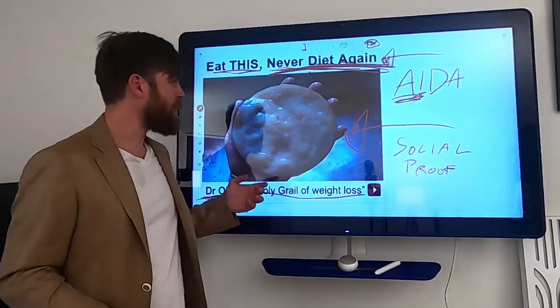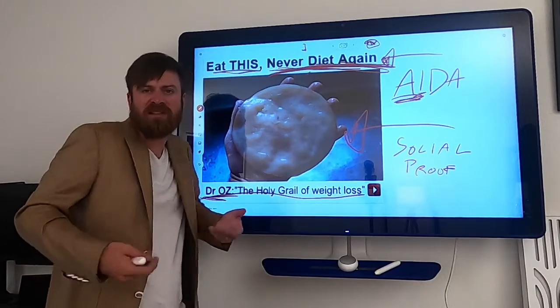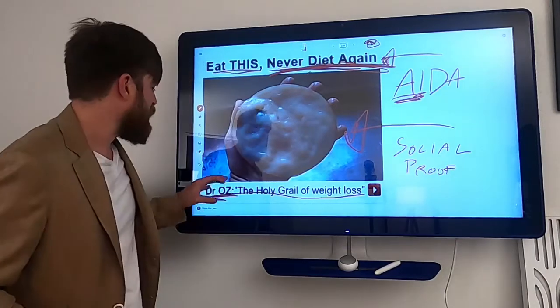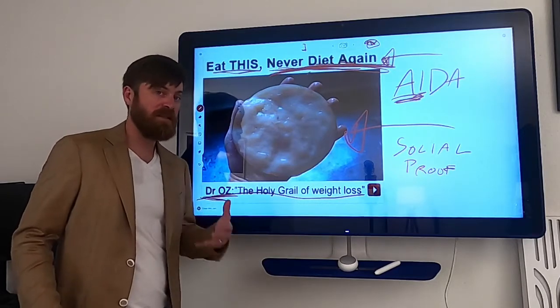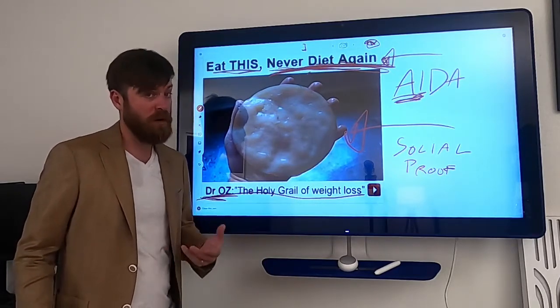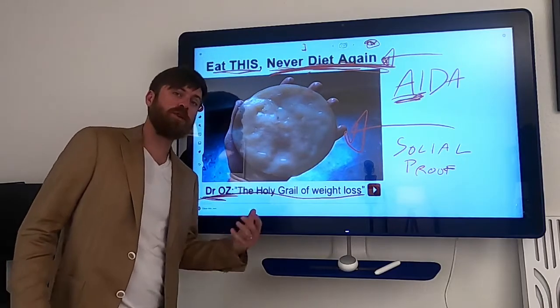So what I'm selling here is Garcinia cambogia, which is a weight loss product. It essentially suppresses your appetite. Now that doesn't matter as much as Dr. Oz. Dr. Oz is the most famous doctor, and he's very well known for talking about weight loss in America. So that adds what's called social proof.